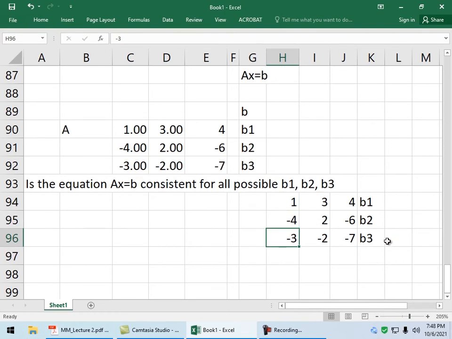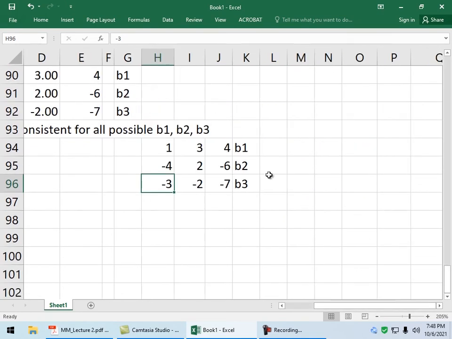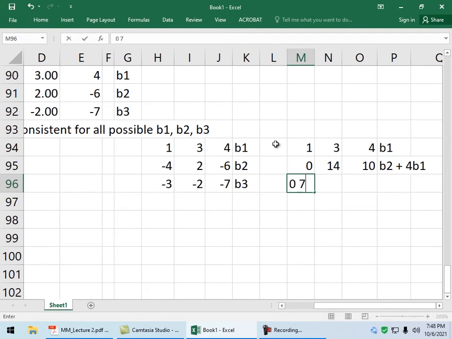So our set of equivalent transformations will give us 1, 3, 4, b1 stands. Here we write 0, 14, 10, and here we write b2 plus 4 b1, 0, 7, 5, and here we write b3 plus 3 b1.